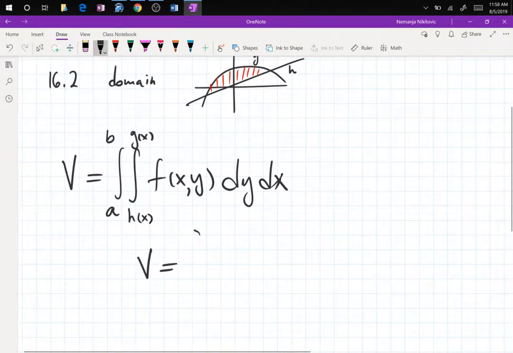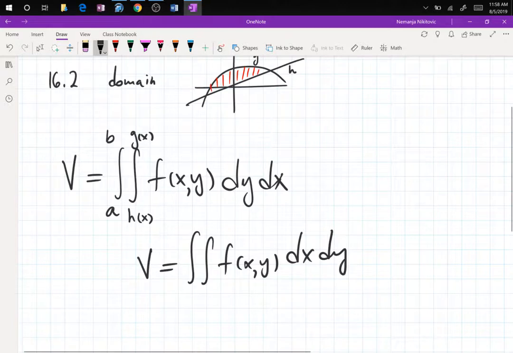Or, double integral of f of x, y, dx dy. You have a c and d now to correspond to our dy, and h of y, g of y to correspond to dx.